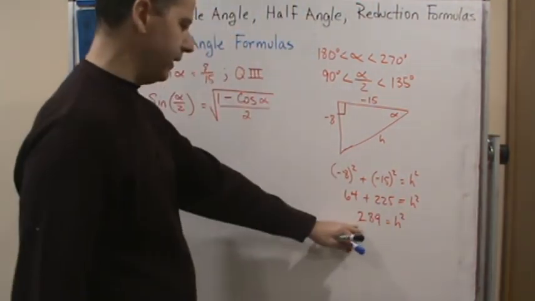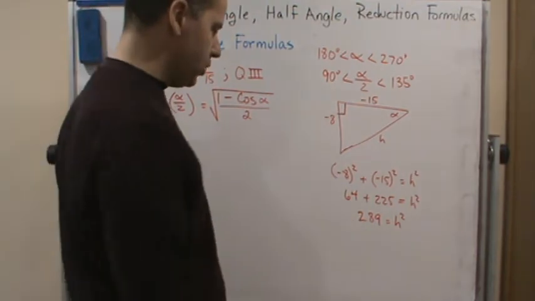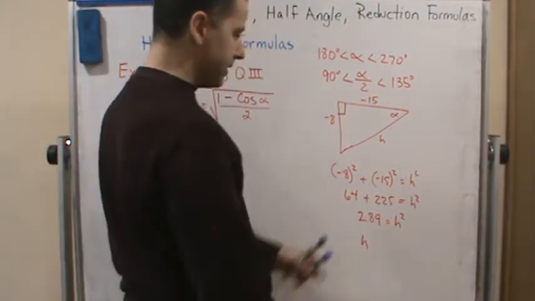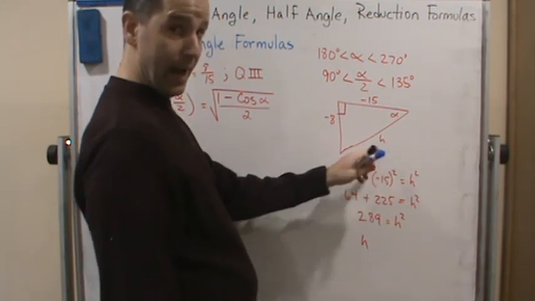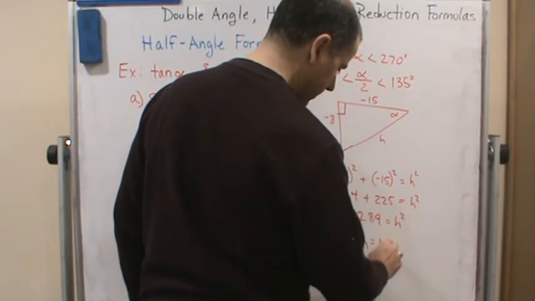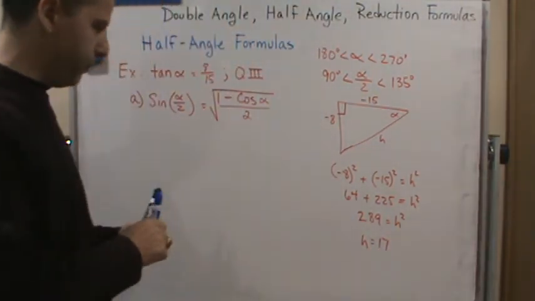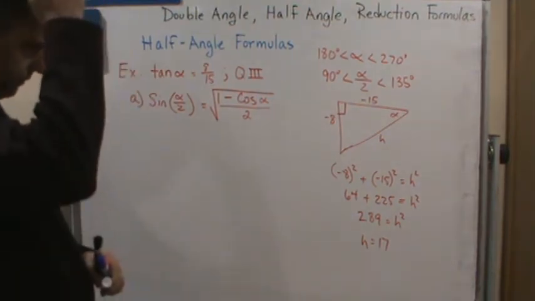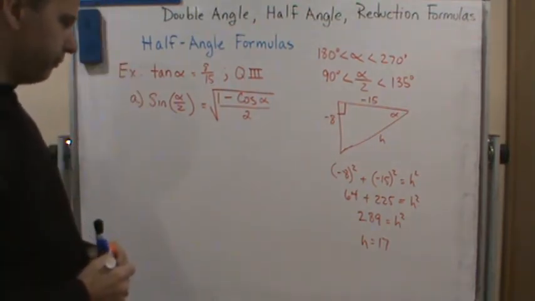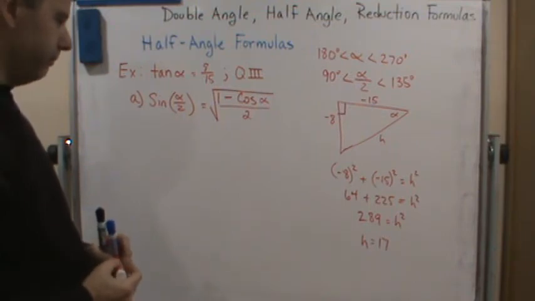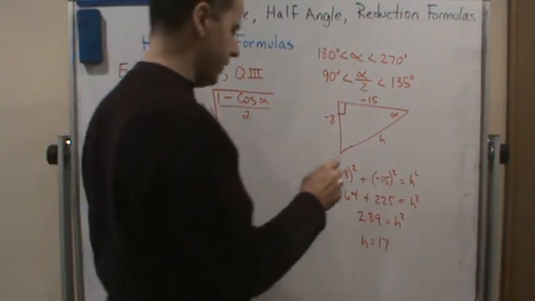Taking the square root of both sides, and since the hypotenuse is always positive, we can drop the plus or minus. So h is 17, and 17 squared is 289.